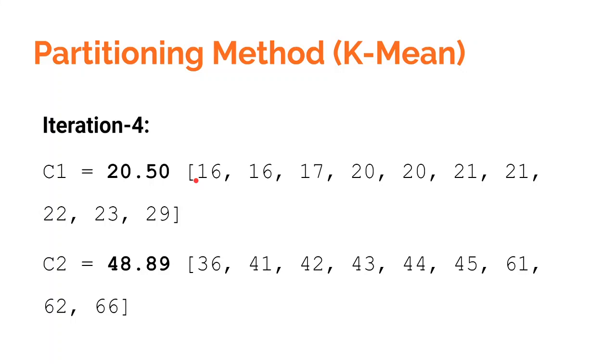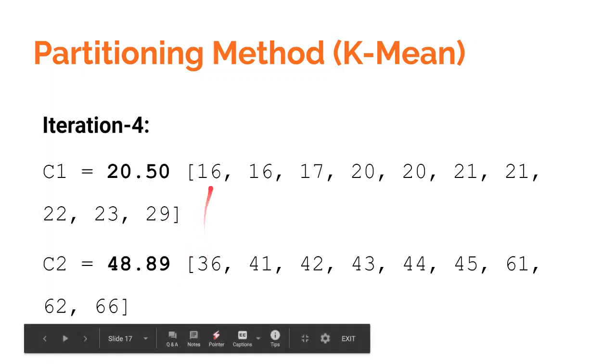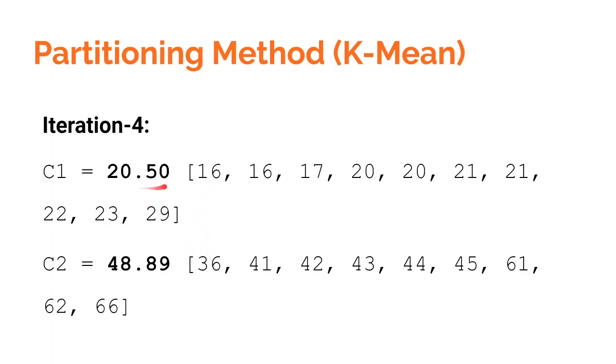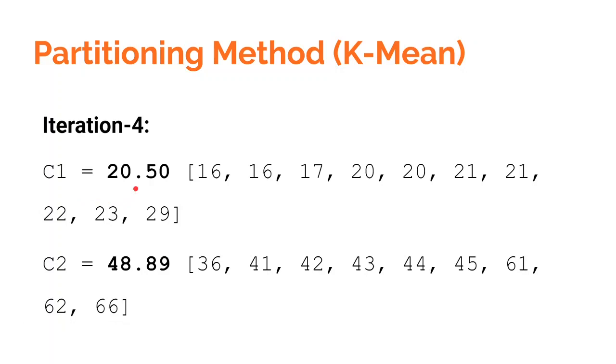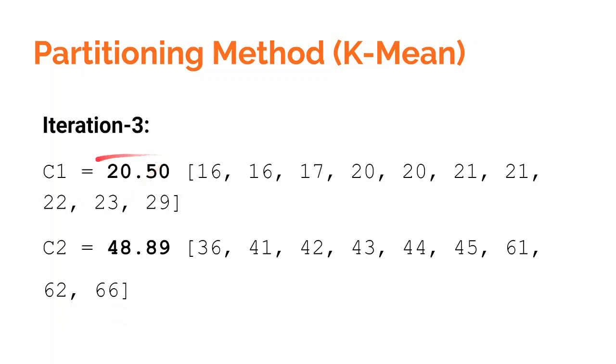So by performing these operations, if you again calculate the mean value of both these clusters and compare these updated mean values with the previous iteration's mean values, you will find no difference.